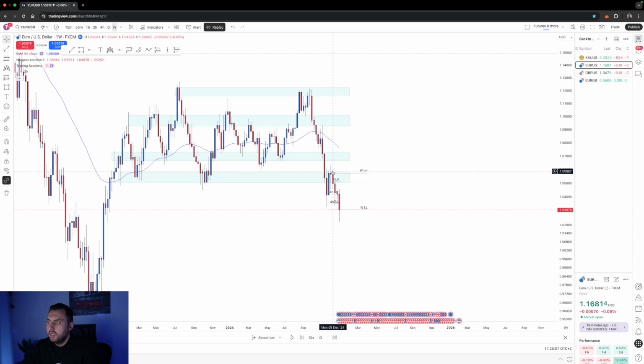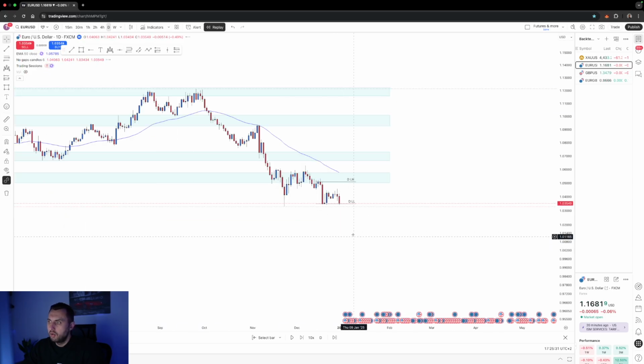So for example, here it was a bit risky because the price had this strong bearish move. Here the price closed as an engulfing candle on weekly, and that's why I wouldn't have taken a short here. Let's see on the daily how it looks.